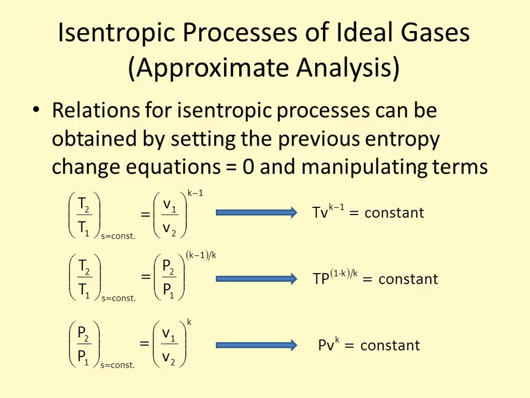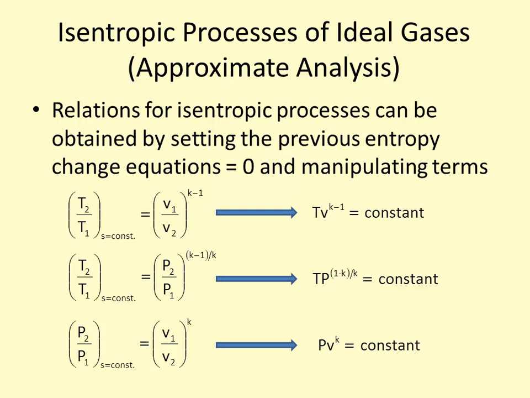Okay, so when the entropy change is equal to 0, that means S2 minus S1 is equal to 0. So we can set one side of that equation equal to 0. So then we have C sub P natural log of T2 over T1 plus R natural log of P2 over P1 is equal to 0.